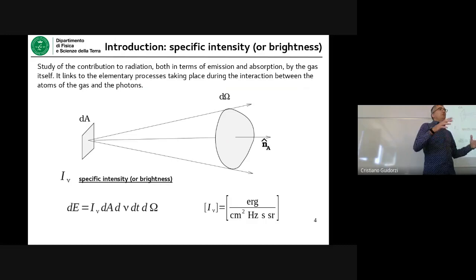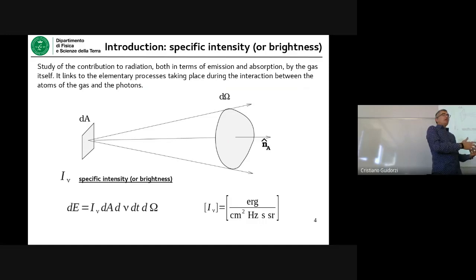So just imagine some gas which is filling up a region of space, and you have radiation crossing the space. So you wonder how this radiation field is affected by matter. And you can immediately figure out that matter can affect radiation fields in both ways. It can contribute to produce further radiation, but it can also absorb it.